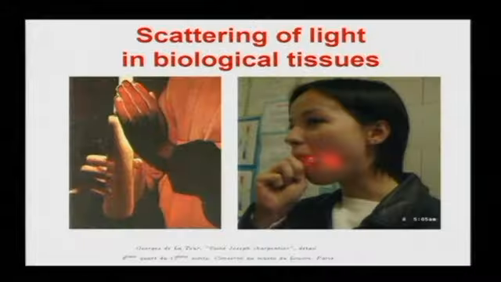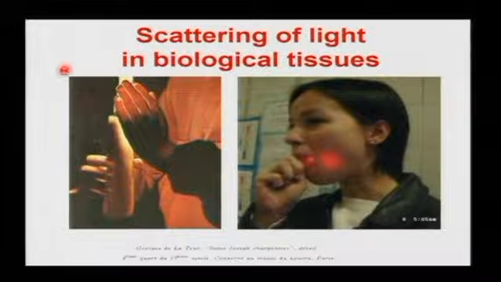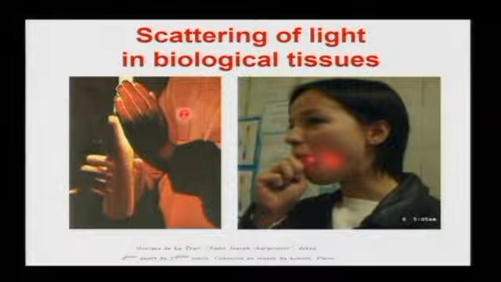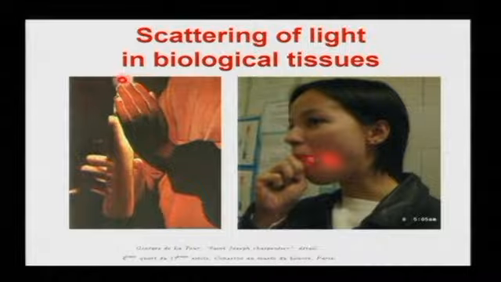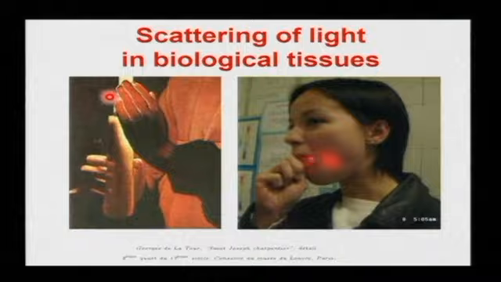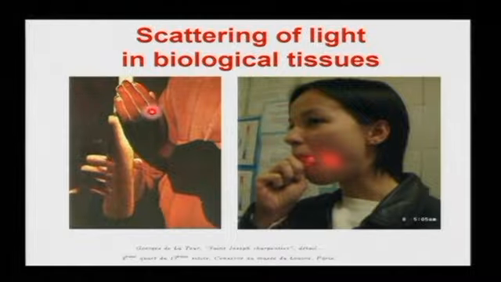I also want to refer to this picture. Imagine, this is a part of a picture from the Louvre, in Paris. This picture is about 400 years old. And you see, these painters at that time clearly understood how light propagates through biological tissues, or at least they were able to simply show that.